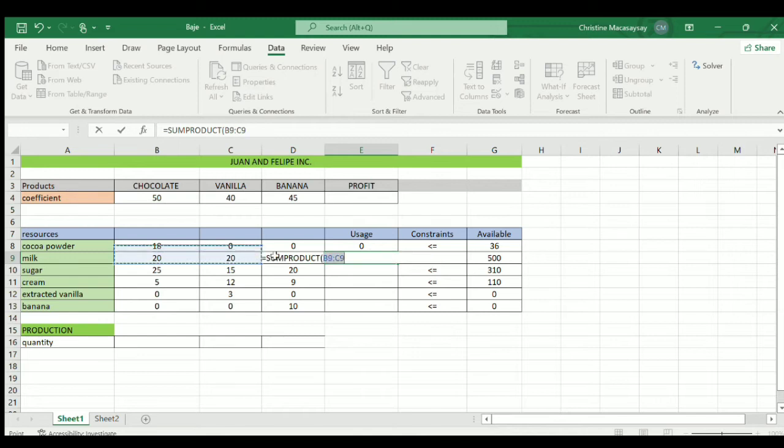Highlight the milk, then times the quantity. Then you need to lock it in order to organize your data. Again, times quantity.